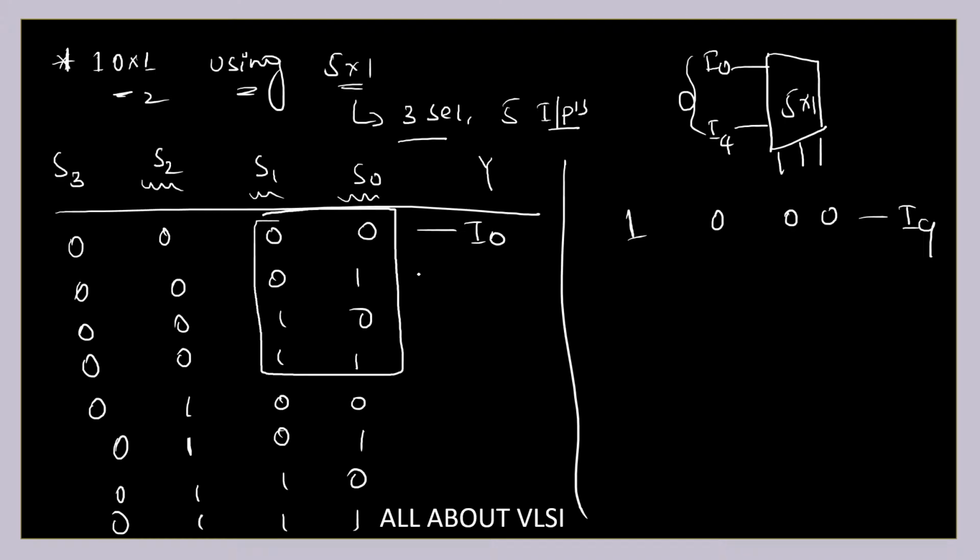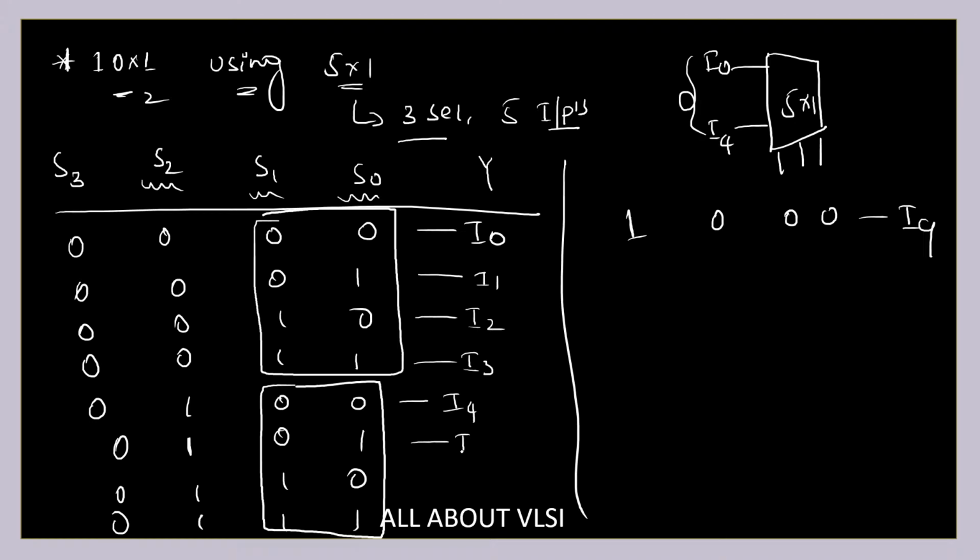Okay. That is I0, I1, I2 and up to I3 it is going to cover. Now, again, the pattern is repeating 0, 0, 0, 1, 1, 0, 1, 1. So I can consider this and I can connect I4, I5, I6 and I7.